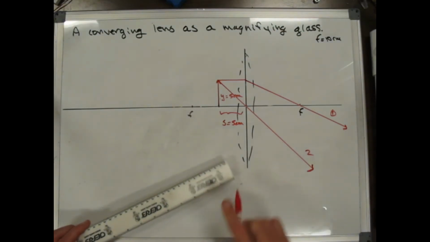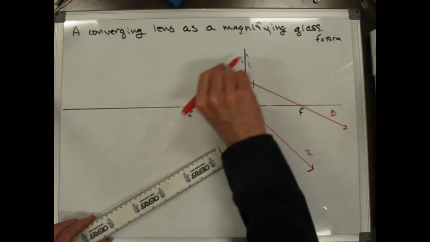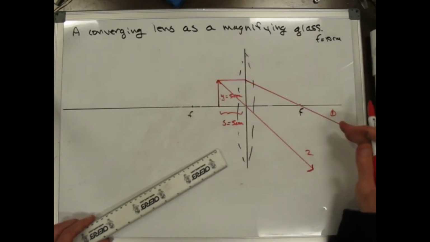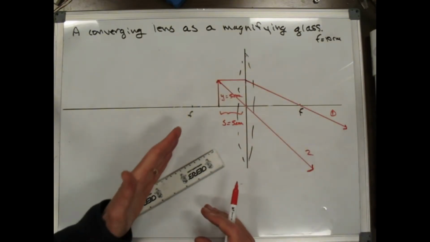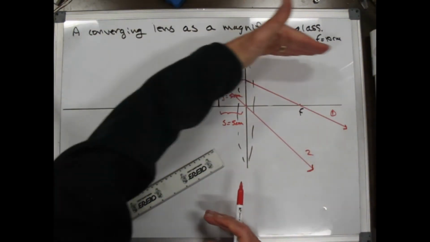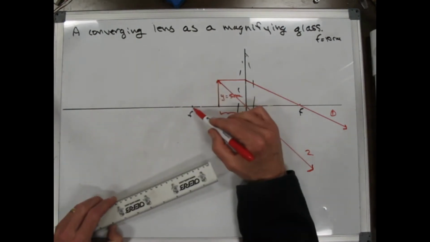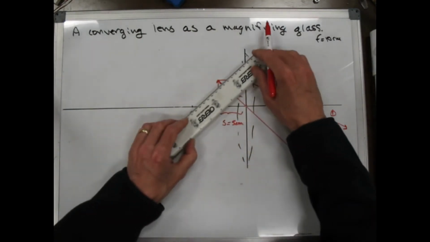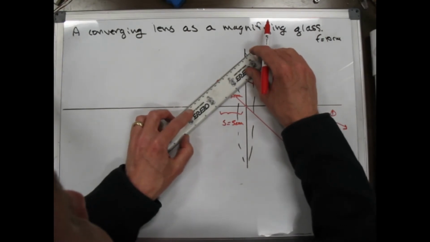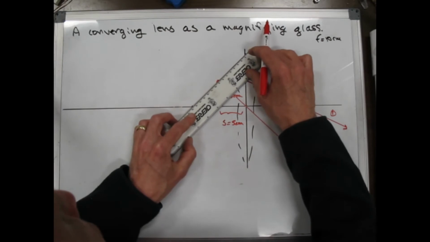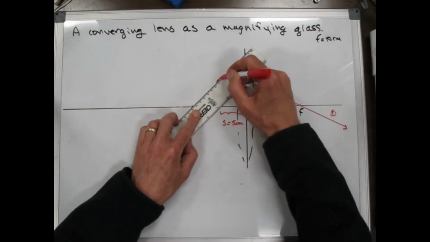And finally, a ray through the focal point on this side gets bent parallel, right? In the same way that if this ray was going through the focal point on this side and gets parallel, if a ray was coming from this way and hit, it would get bent parallel. And so since we can't have a ray leave the tip and go through the focal point, what we say is, well, this ray is going to leave as though it had come from the direction of the focal point.